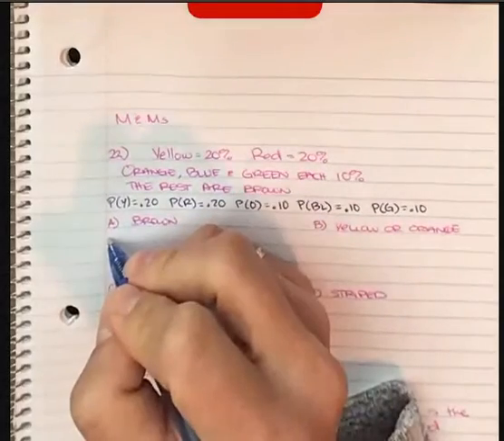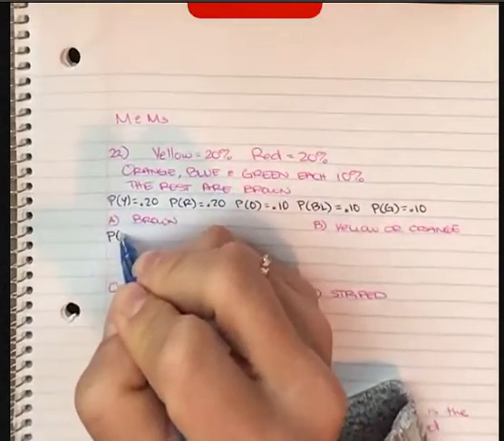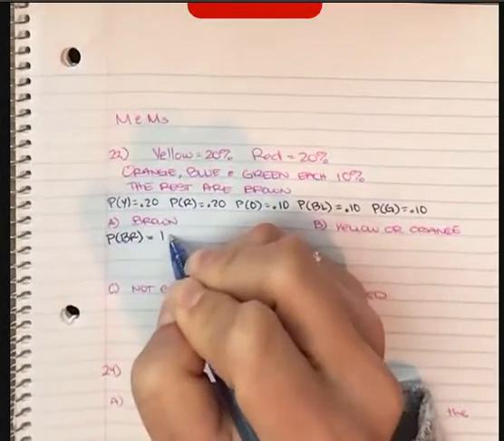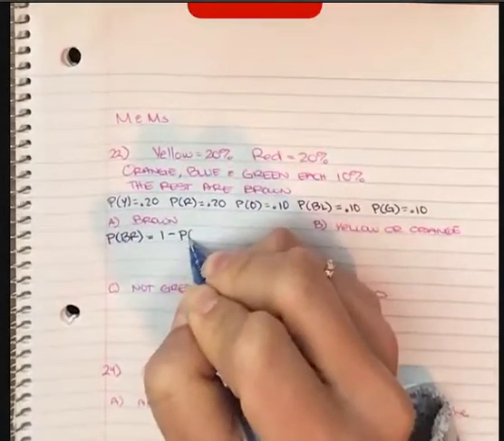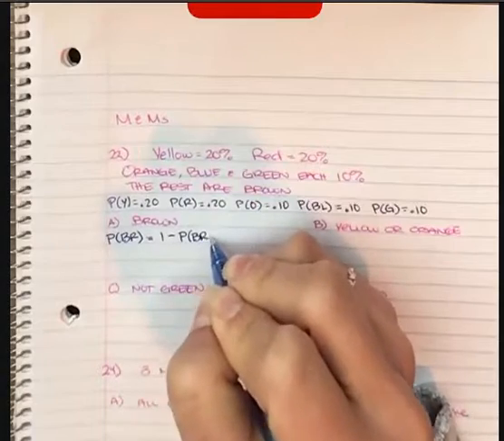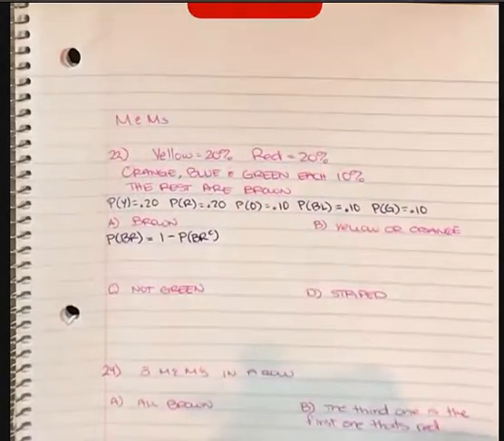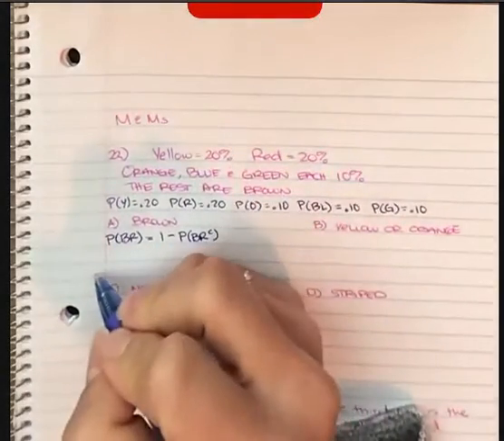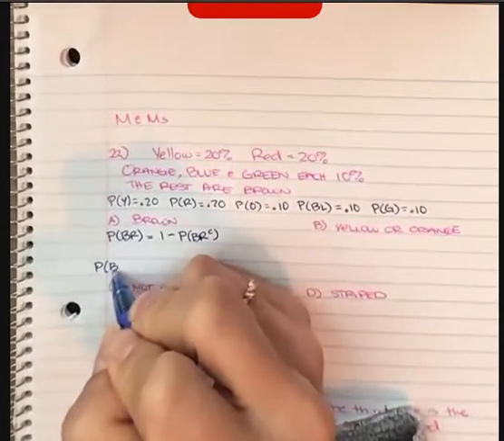So it's going to be 1 minus these probabilities put together. Okay, so the probability of being brown, I'm going to use BR for brown, is 1 minus the probability of it not being brown. And remember, we show that with the little C there. So let's figure out the probability of it not being brown.